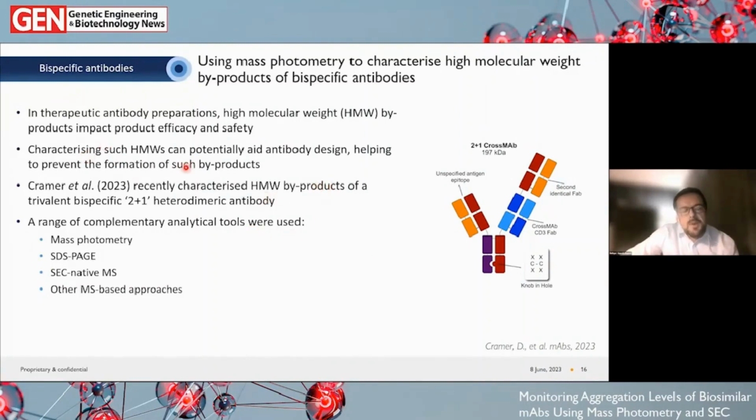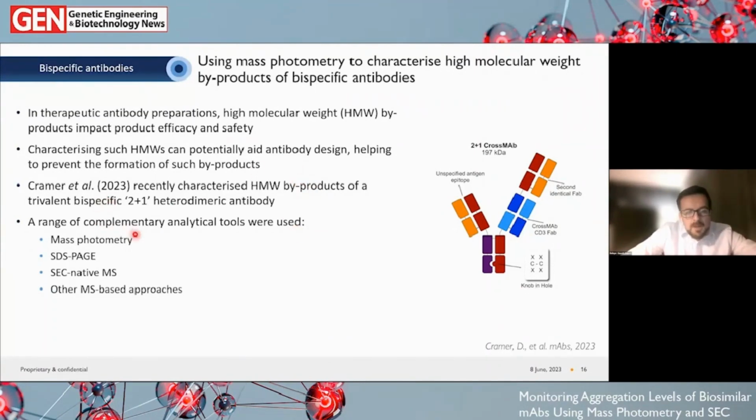And also by doing more detailed in-depth studies here, this can potentially aid antibody design as well, helping to try and prevent the formation of these byproducts in the first place. That's the idea anyway. If we can eliminate their formation at the start, that simplifies the purification efforts massively.